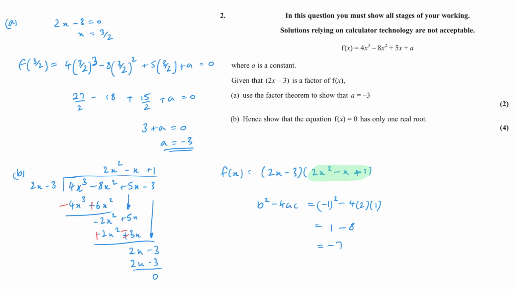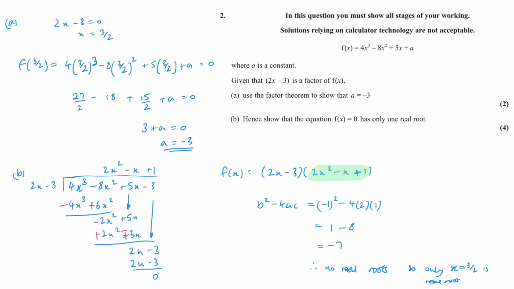Therefore no real roots. So only x equals 3 over 2 is real root. So the only real root is that x equals 3 over 2. And that's it. Now I said there was a second way to do it.